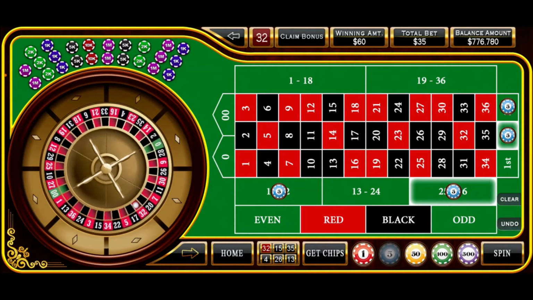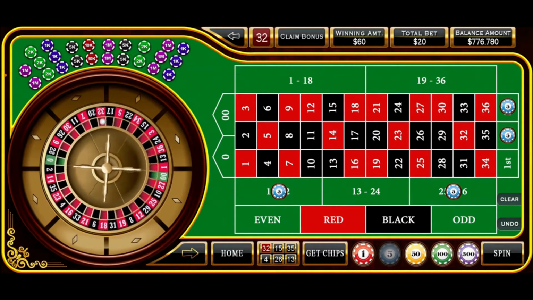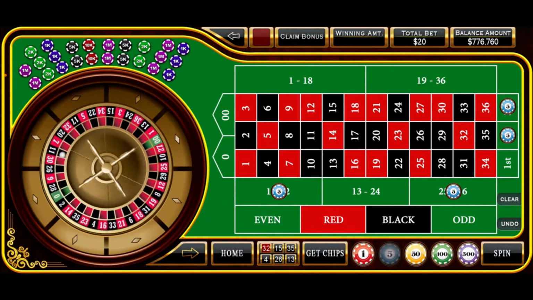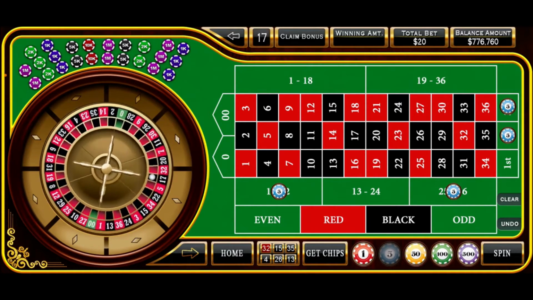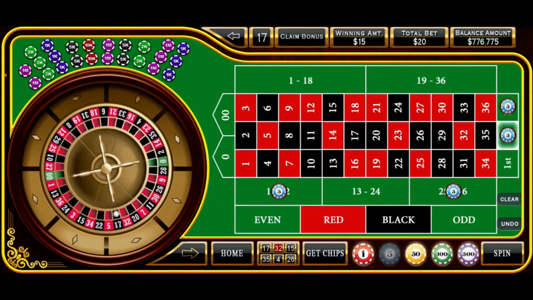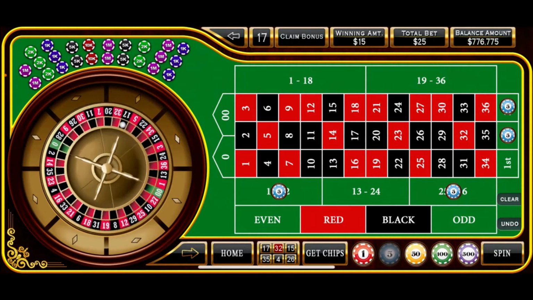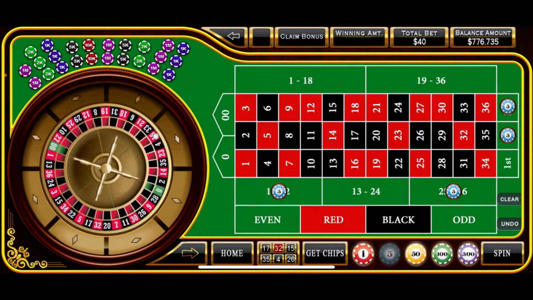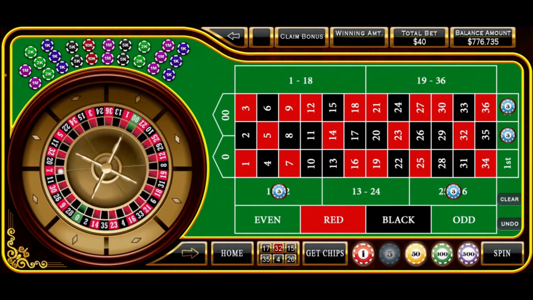So once again, we'll reduce back down to a $20 bet, $5 in 4 places, 1 unit, our base level. Here we go. So there's 17 black, so once again we do lose a little bit. So let's increase these bets again up to 2 units, $40 total, and spin that ball again.